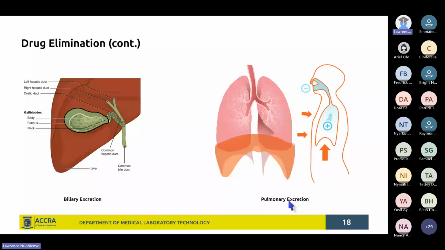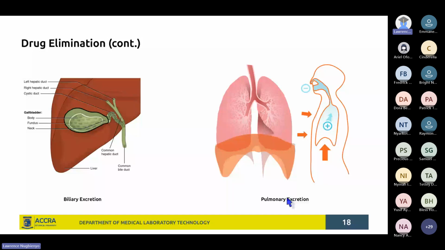Like the ketone bodies, acetone, for instance, is a volatile liquid. You find it in the lab, and it easily gets exhaled.